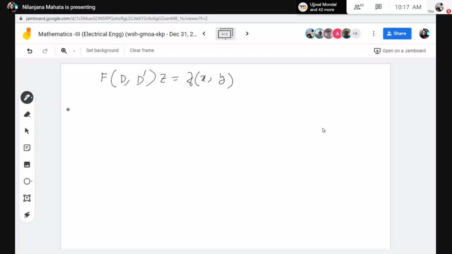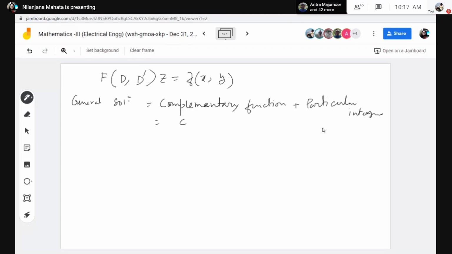So the general solution of this will be CF, that is the complementary function, plus the particular integral. That is, generally, this is written as this.